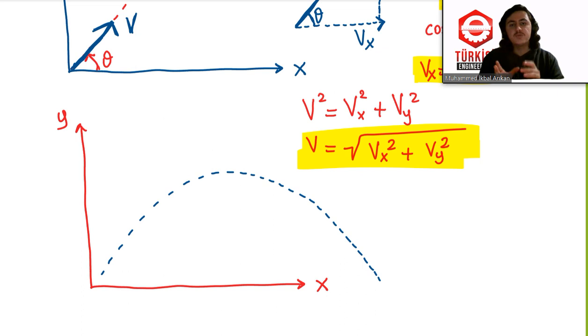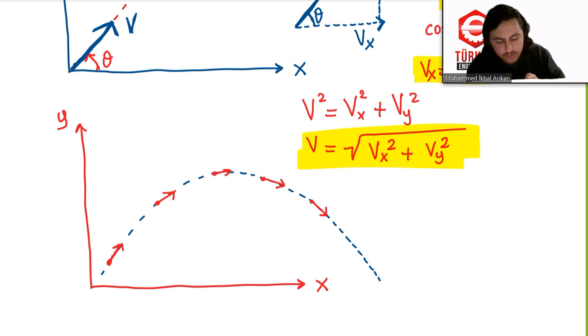So at each point you will have a different vector, because your vector must be tangential to your path, and your path actually is not just a straight line, it's curved. So at this point I will have a vector in this direction. When I'm reaching here, my direction will be like this. When I'm reaching here, like this. When I'm here, our vector will be like this. And when I'm here, our vector direction will be like this.